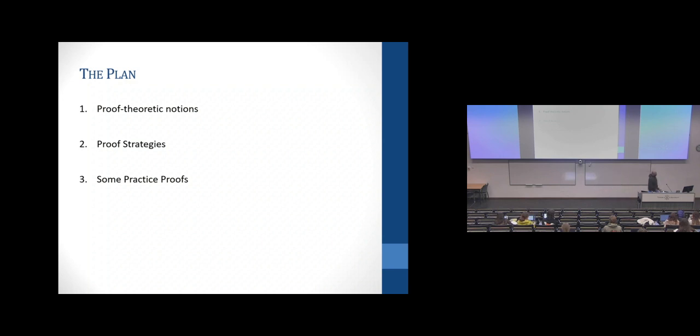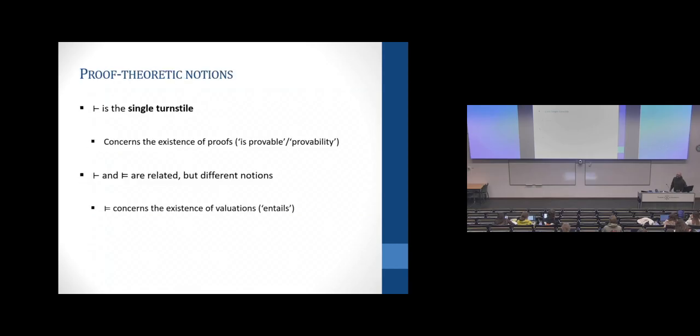So let's start by talking again about these proof-theoretic notions. The first thing to start is going to be our single turnstile. Notably, the single turnstile is, as the name suggests, the single turnstile. It's not the same one that we saw before. The one that we saw before in the first block was the double turnstile.